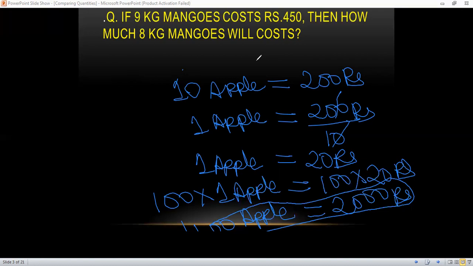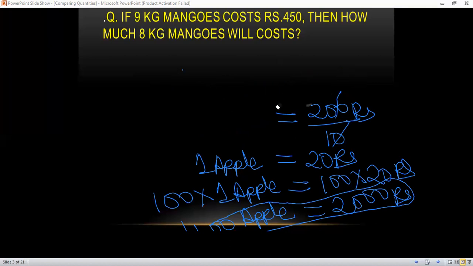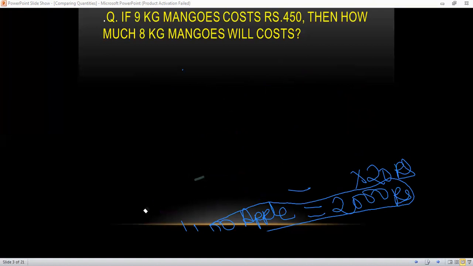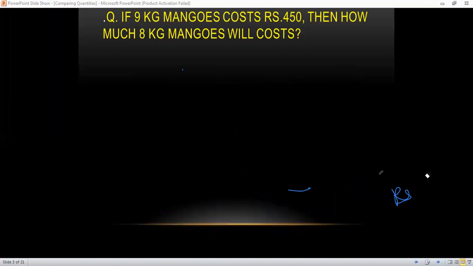The unitary method is very important: you find the cost for one unit and then multiply both sides by your required value to get the required answer.